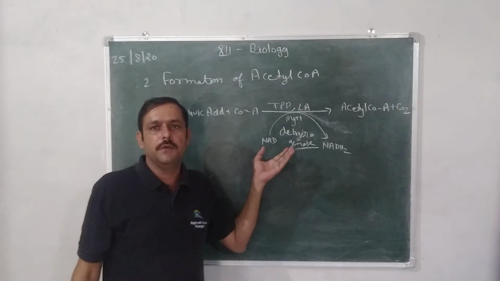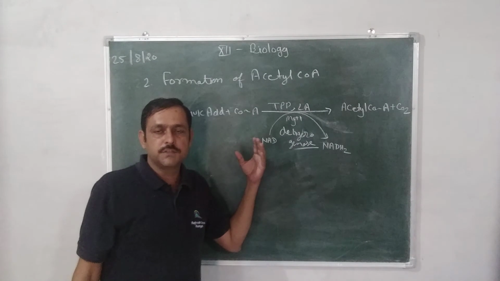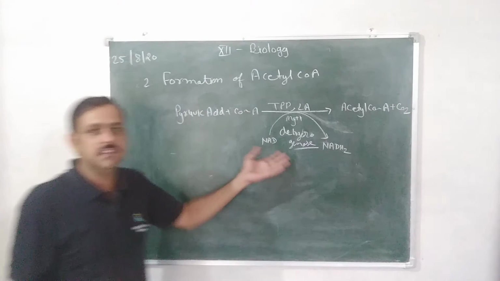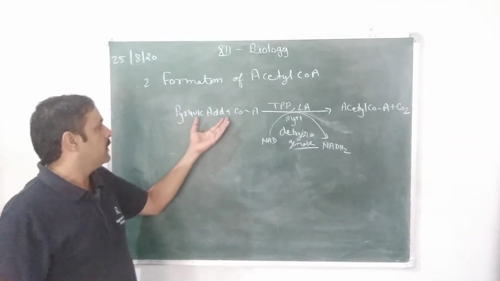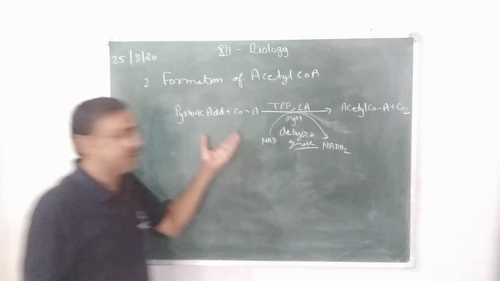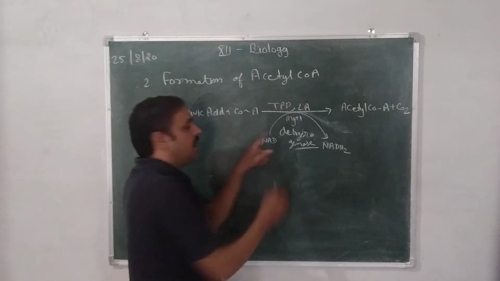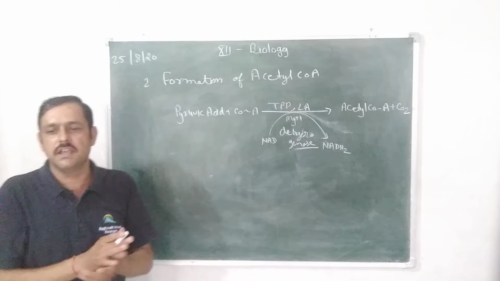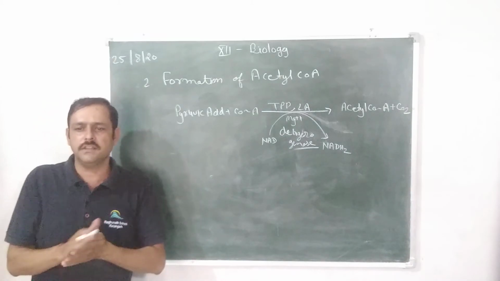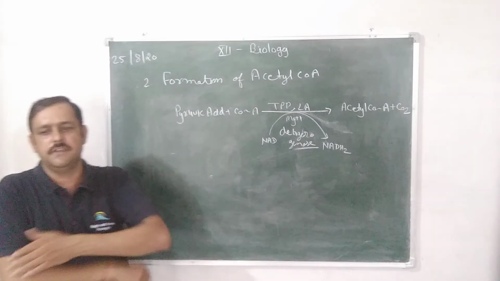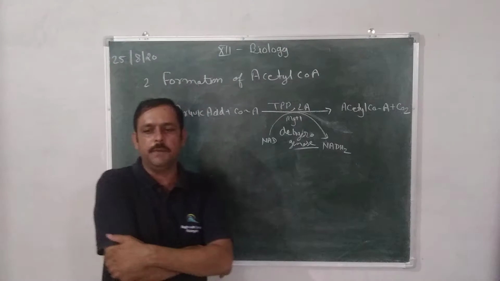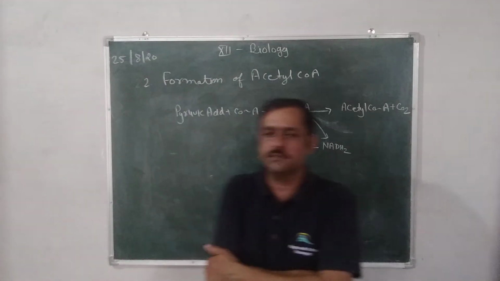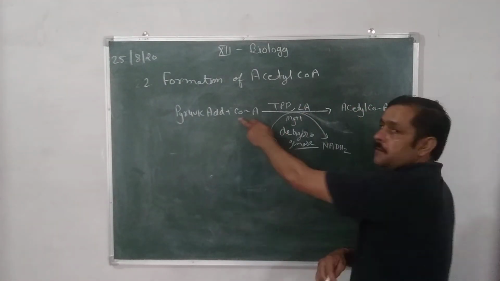And when we talk about specificity of the enzyme, this enzyme reacts on pyruvic acid, so we can say pyruvic acid dehydrogenase. In the presence of pyruvic dehydrogenase enzyme, first oxidation takes place and then it combines with coenzyme A.